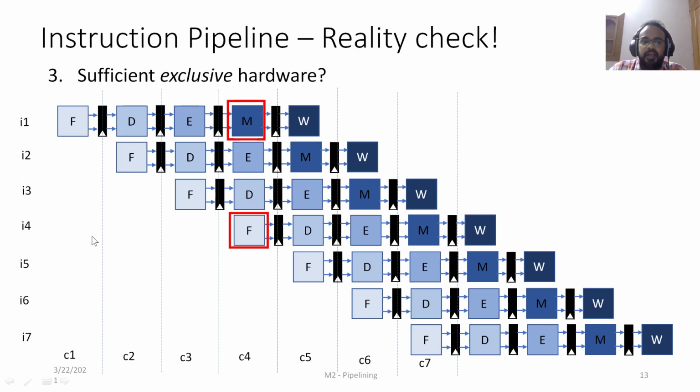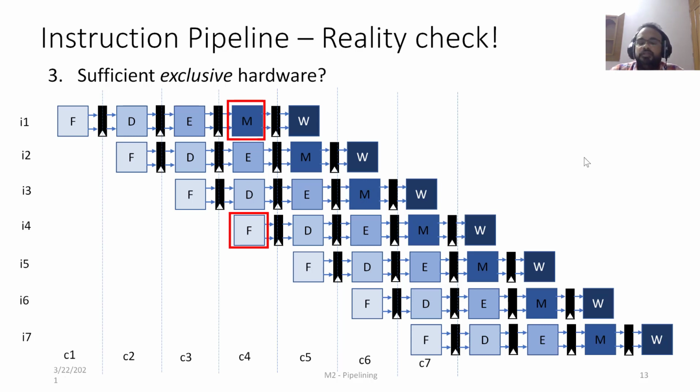In the same cycle, we are contacting the memory with the IP, or instruction pointer, or the PC of I4 to get that particular instruction and place it in the IR. So in cycle 4, we are trying to access the memory as part of execution of two instructions, I1 and I4 again.